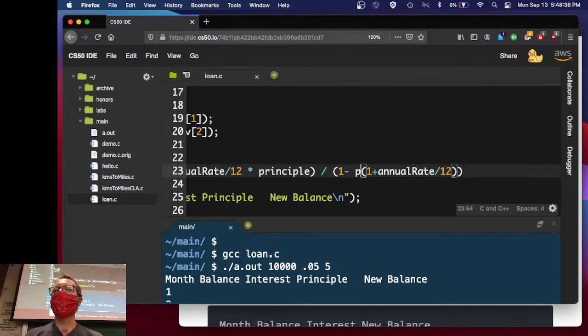Let's print that out just to make sure that it's good. This would be dollar sign, because it's currency, percent f, and the newline. Is there a way to improve this? Oh, 0.2, good. Oops, my n, where's that?